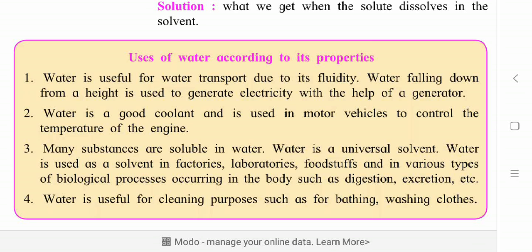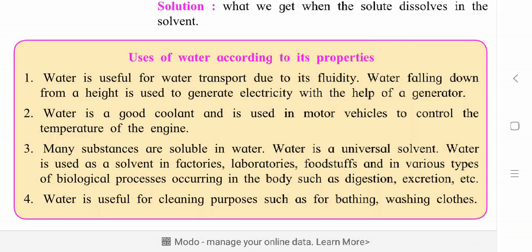Our body function depends on water, as well as outside the body water works in various areas. Let us see uses of water according to its properties.